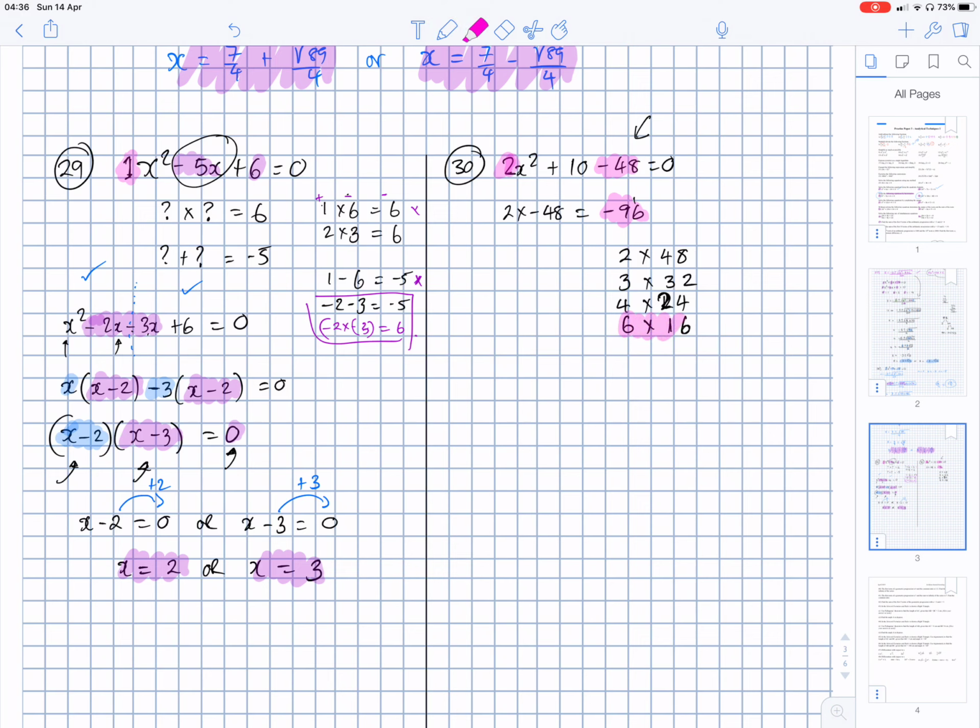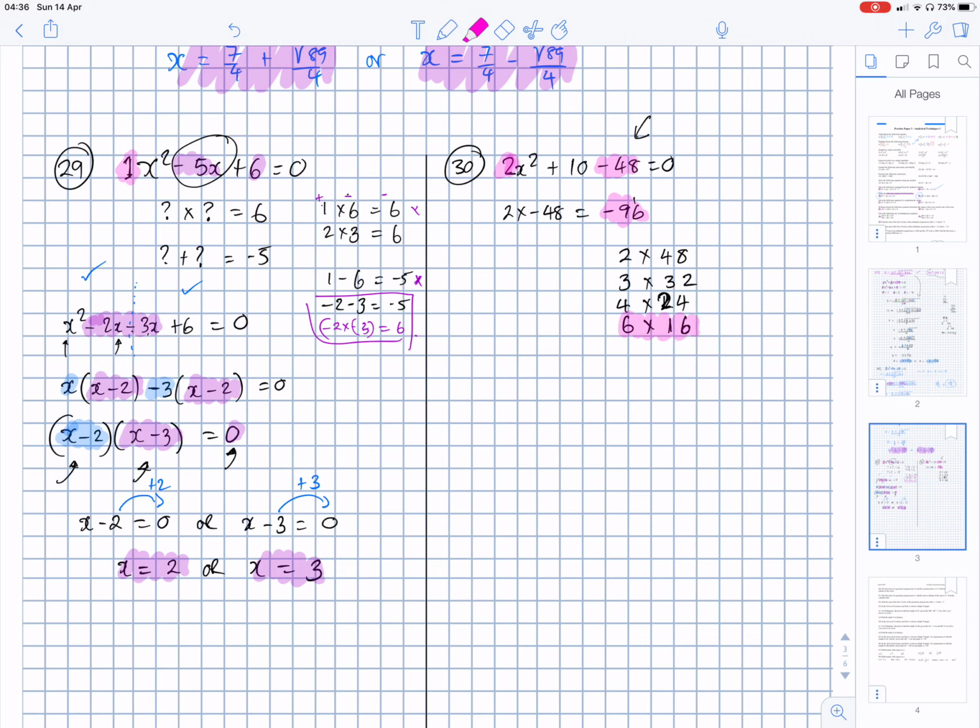6 times 16 looks okay because I know that 16 minus 6 is 10, so it's going to give me the 10 in the middle. What we want is two numbers that you multiply to give you minus 96, and add to give you 10. So it's going to be minus 6 times 16, which is minus 96.